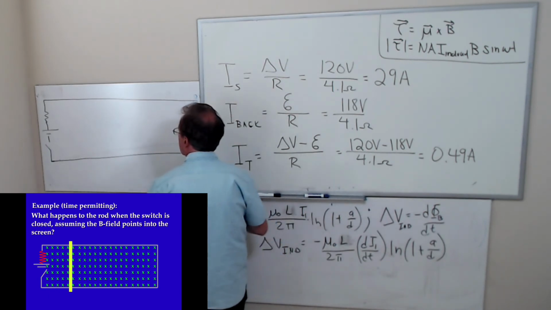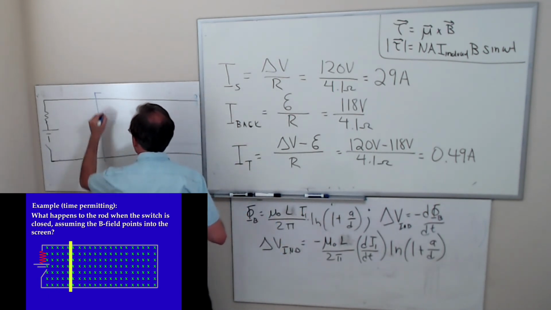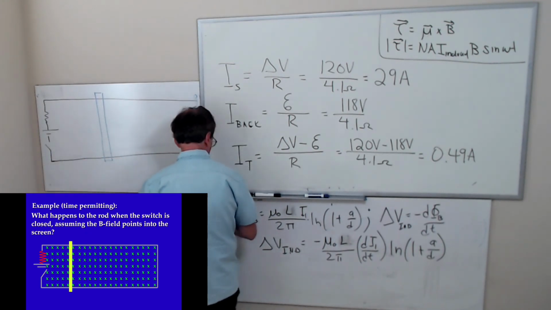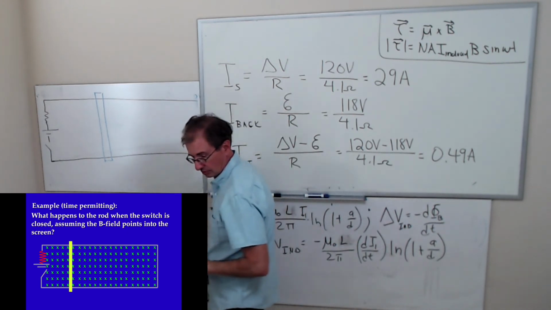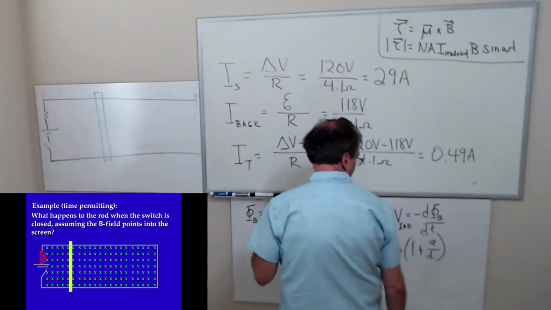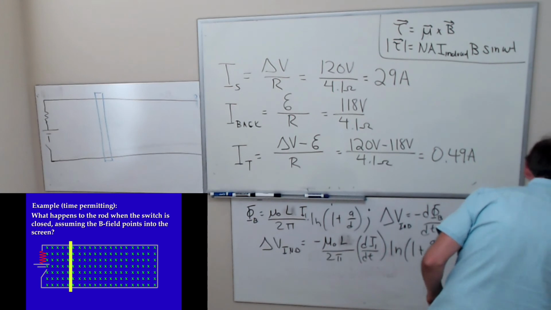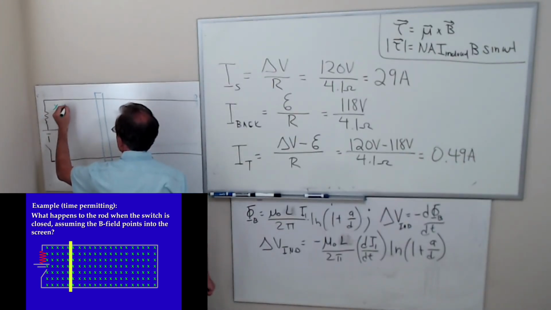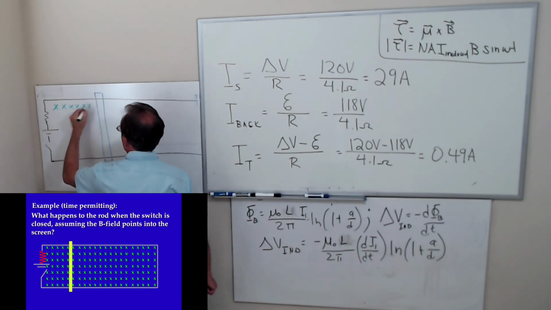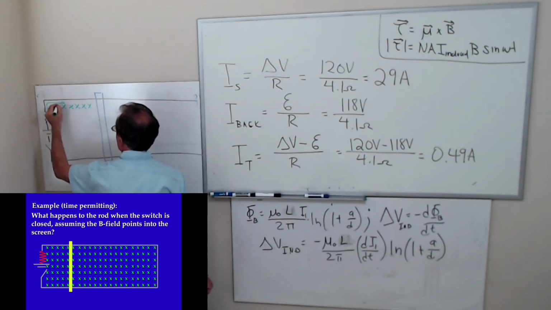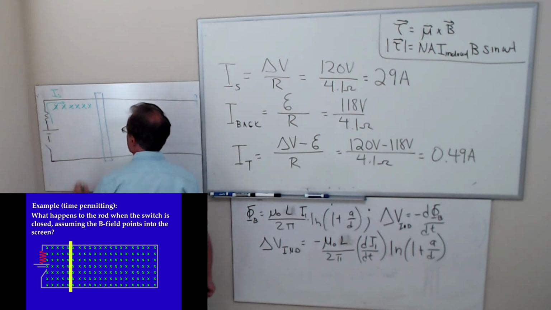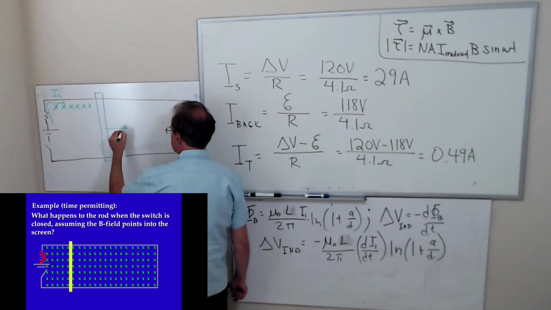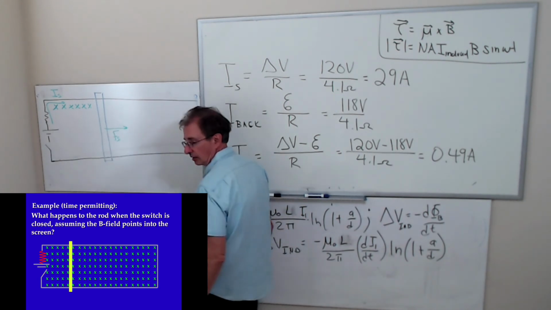But when I close the switch, there's a current running through this rod, and because I have a magnetic field into the board, and the current's going this way in the supply, that's going to produce a force in that direction, the force into the supply.